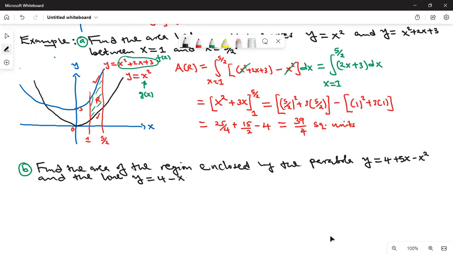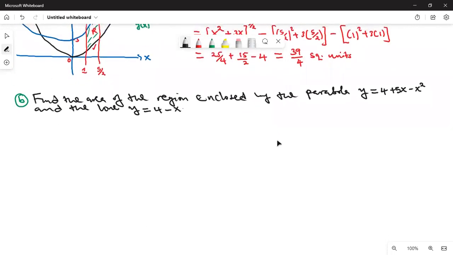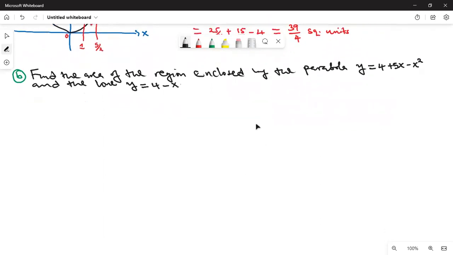This is also very simple. Let us sketch our region as usual. You draw the x-axis and the y-axis, and then you draw those two curves as shown below.